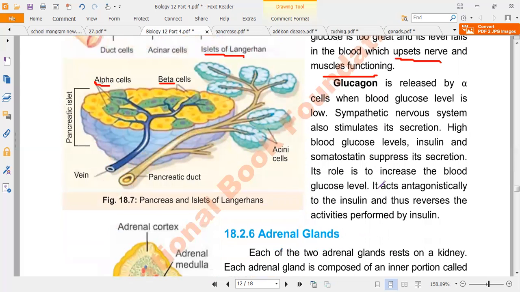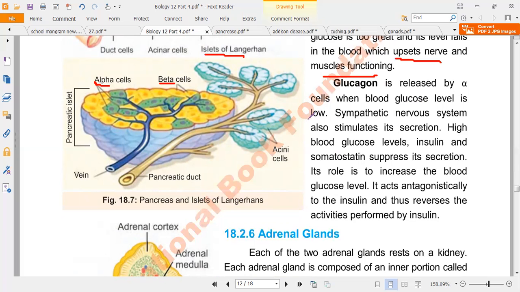The other hormone which is released from these cells is glucagon. It is released from alpha cells, which are fewer in number. Glucagon is released from those cells when blood glucose level is very low.